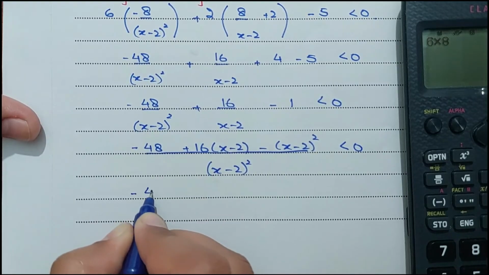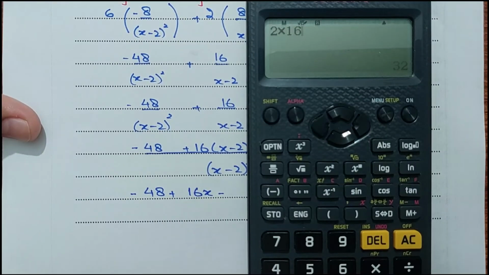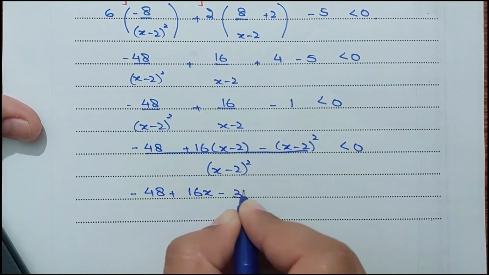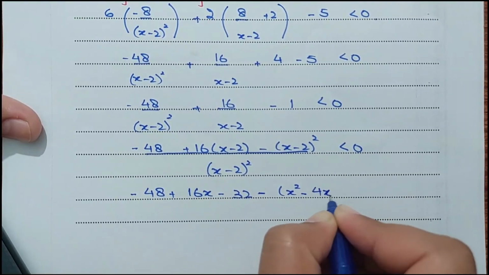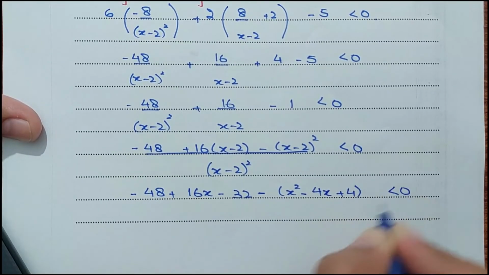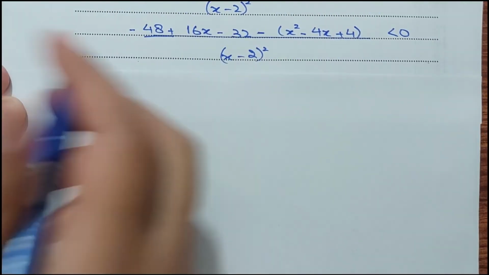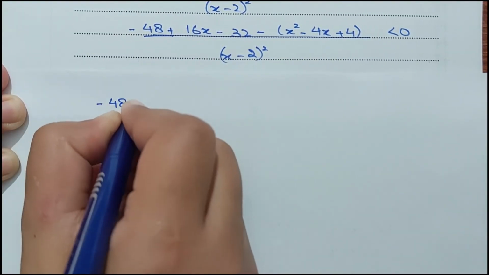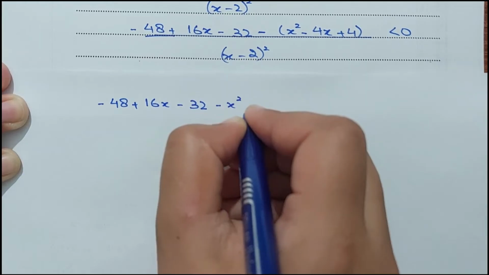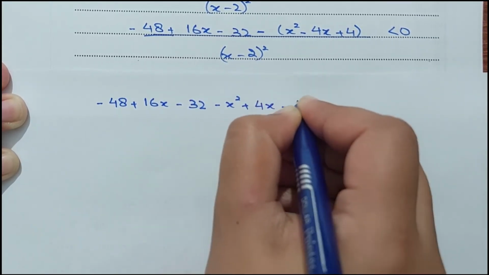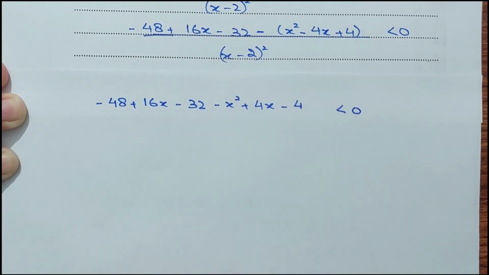Further simplification: minus 48 plus 16(x minus 2), 16 times x minus 2 gives 32, minus (x minus 2) squared, which expands to x squared minus 4x plus 4, less than 0, all over (x minus 2) whole squared. Opening the bracket: minus 48 plus 16x minus 32 minus x squared plus 4x minus 4, and this term multiplying with 0 is just 0, cross multiplication.